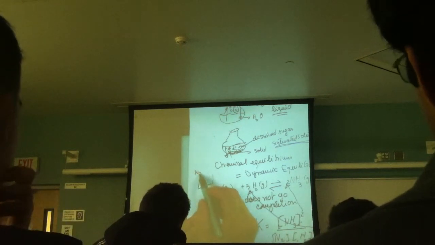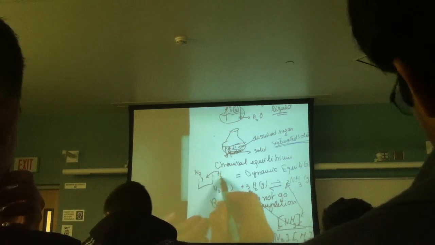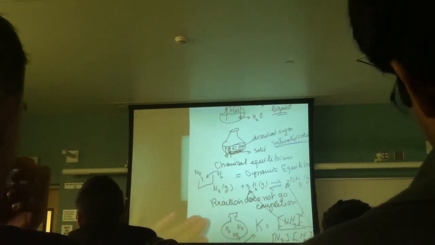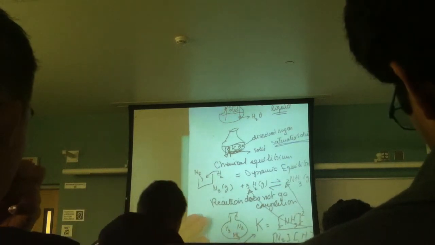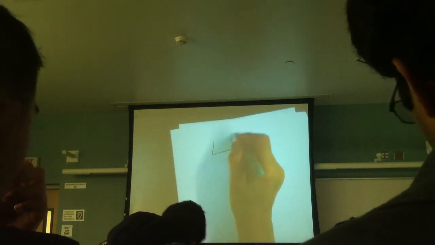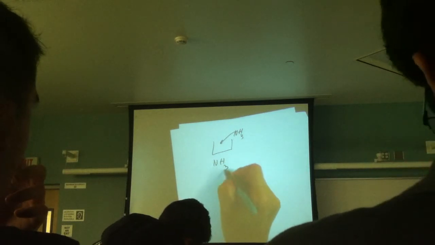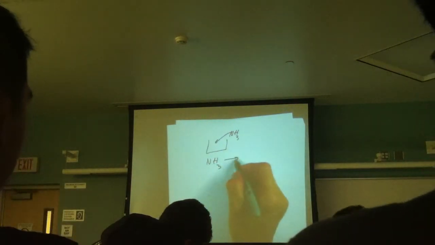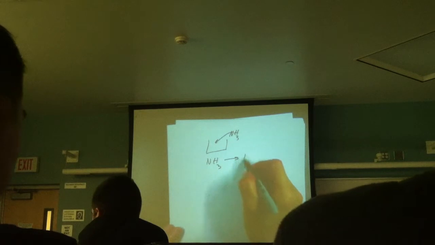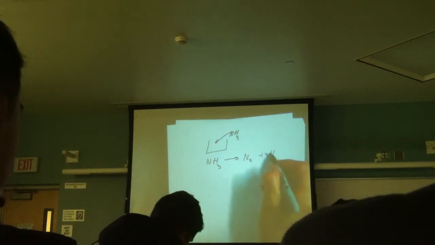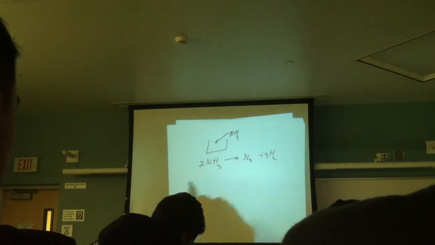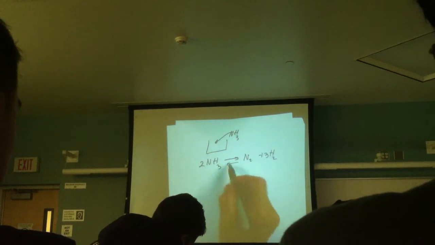We added nitrogen and we added hydrogen and reached equilibrium. Can I work it backward? Can I take a container and add ammonia, and the ammonia will decompose and give me hydrogen and nitrogen? One more time.